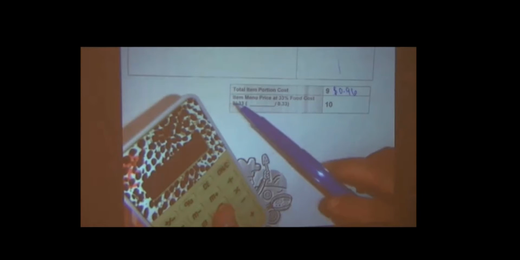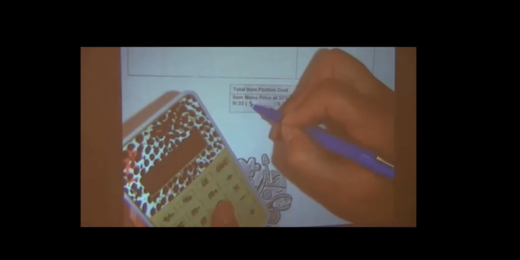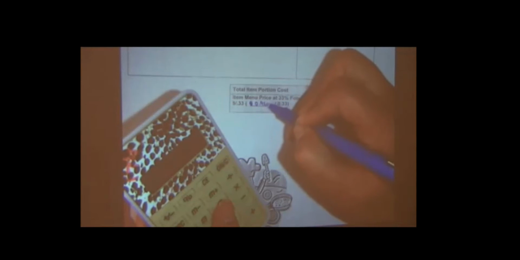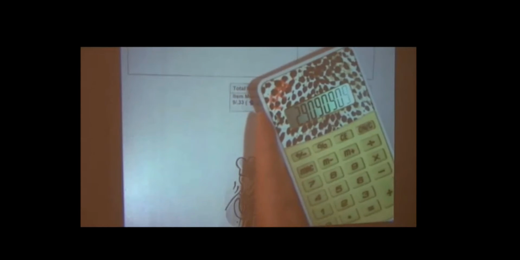Number 9 is 96 cents, divided by 0.33. So 0.96 divided by 0.33 equals $2.90.